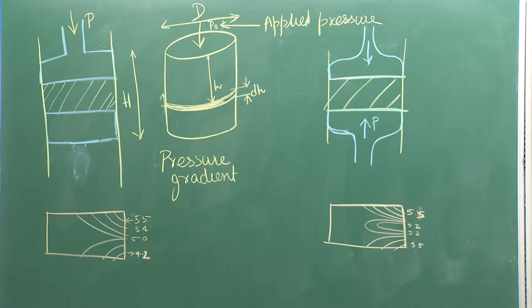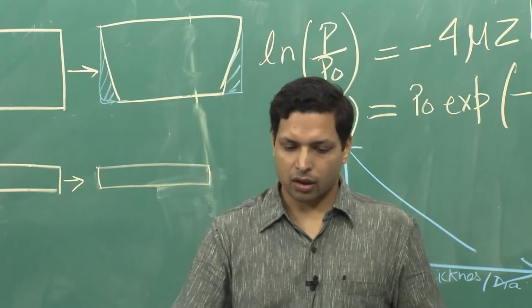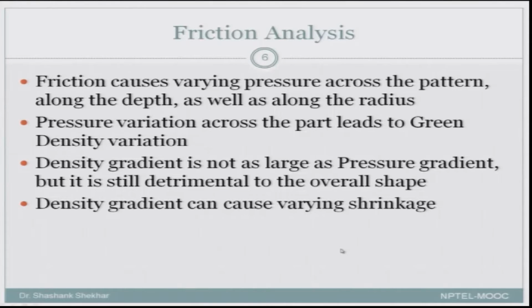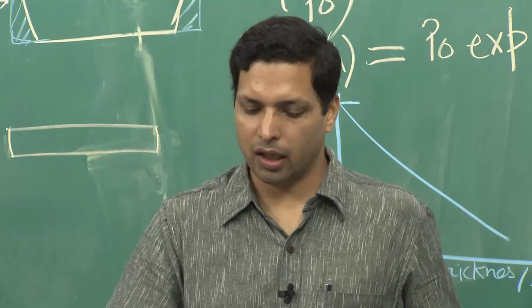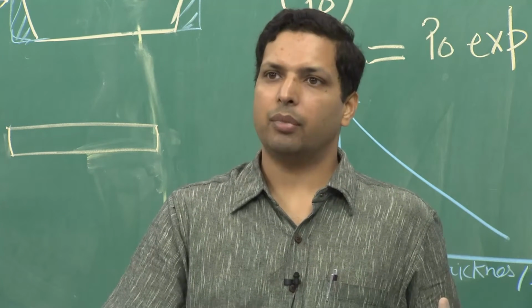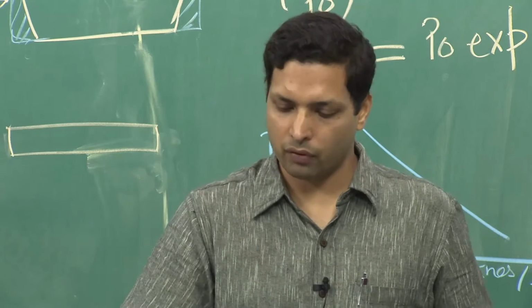Now, when we are doing this compaction, there is also a phenomenon called end capping. But before that, let us come back to our slide and see what we have understood about friction analysis. Friction causes varying pressure across the part along the depth as well as along the radius. We have not looked in detail at the variation of pressure along the radius, but that is also present, because friction will also be acting over here.